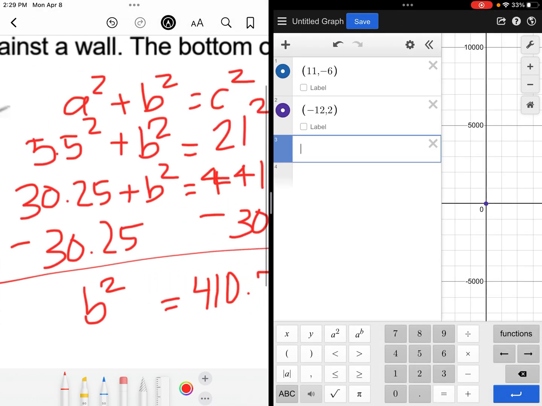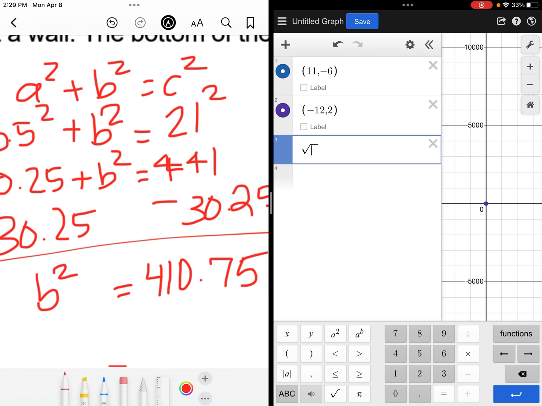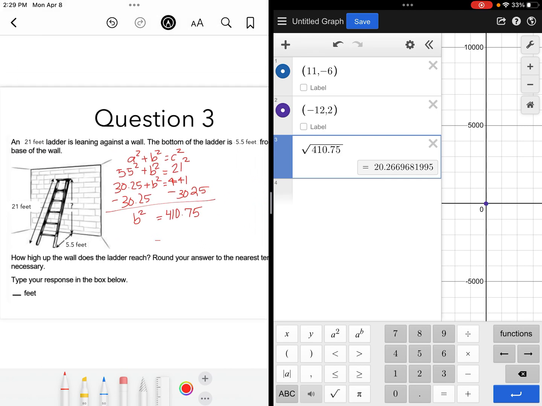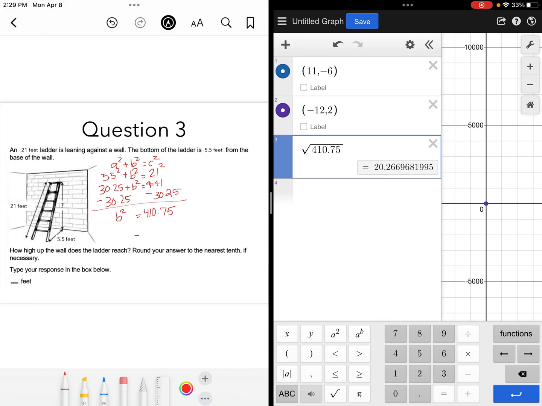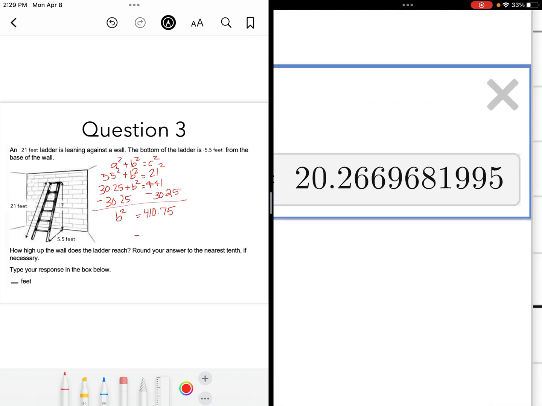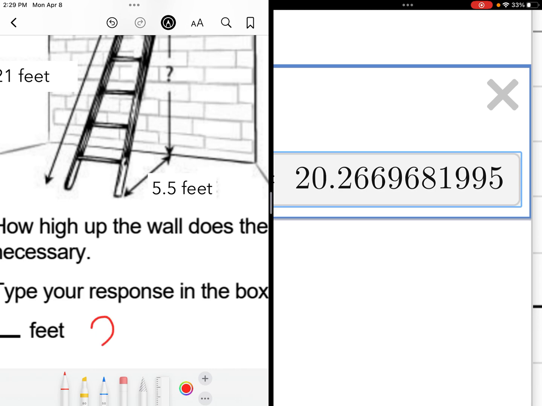So I've got the square root of 410.75. You don't want to round until you get to the very end. So it says round your answer to the nearest tenth if necessary. So the 6 tells the 2 to round up. So it would be 20.3.